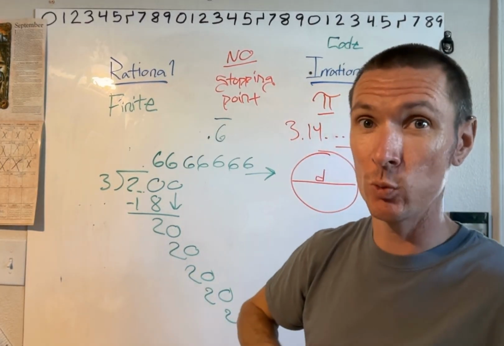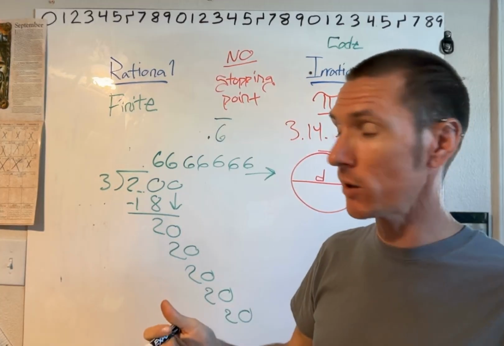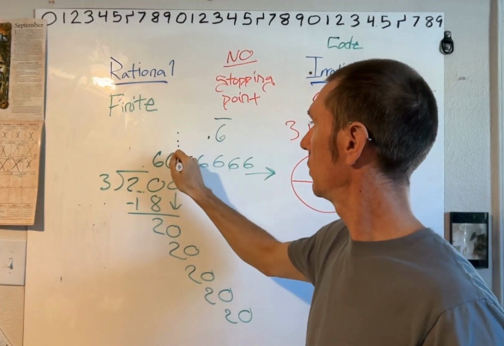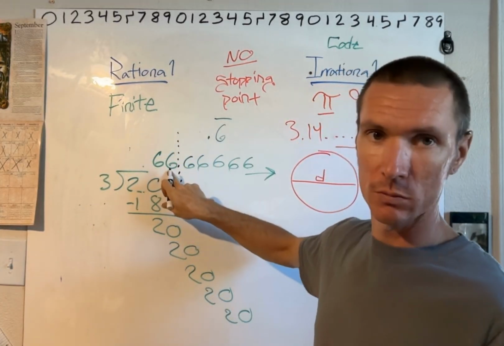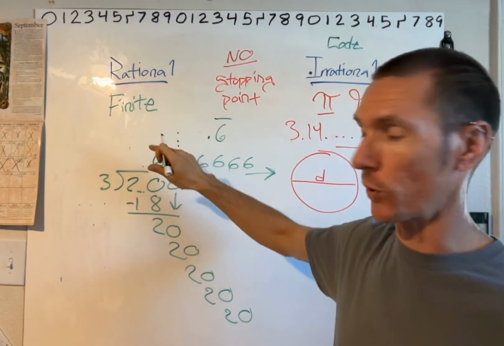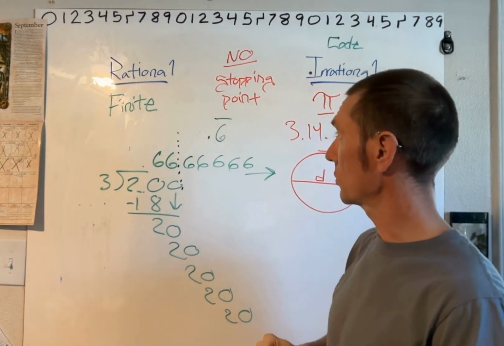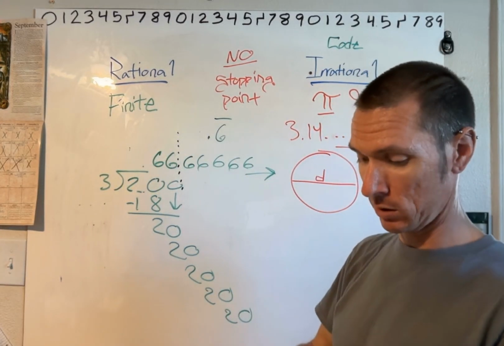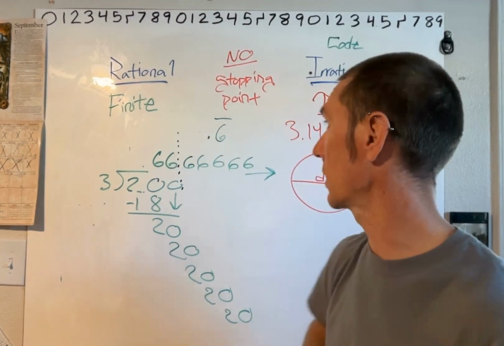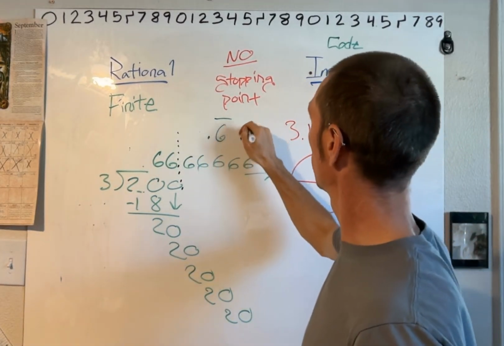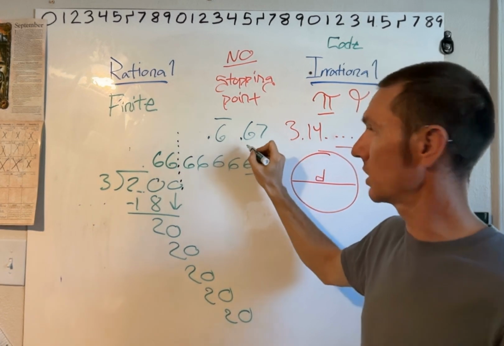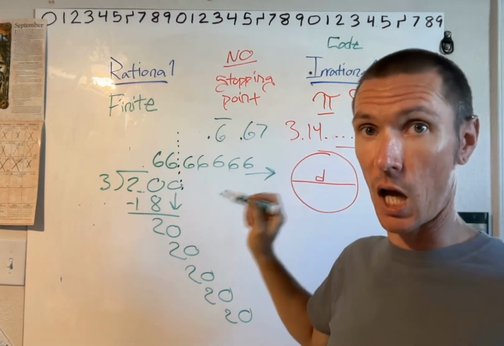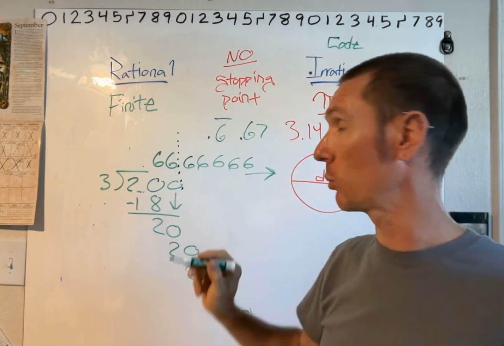We're going to say round to the nearest hundredth. And so the next digit, we're going to round this up. So this 0.6 repeating turns into 0.67. Because in order for us in the physical world to operate with things, we need to have stopping points.